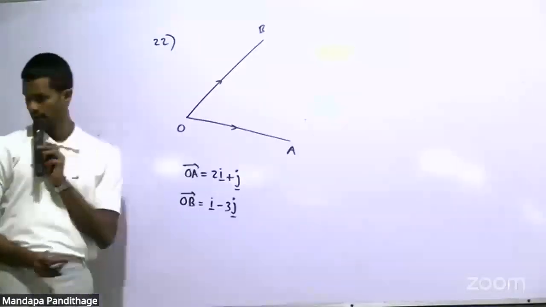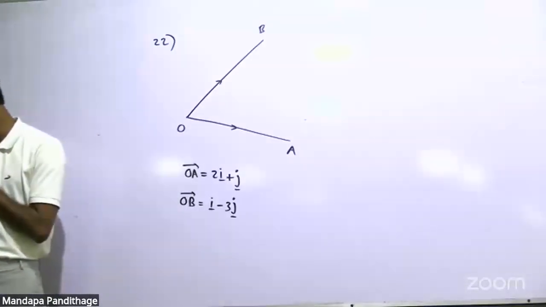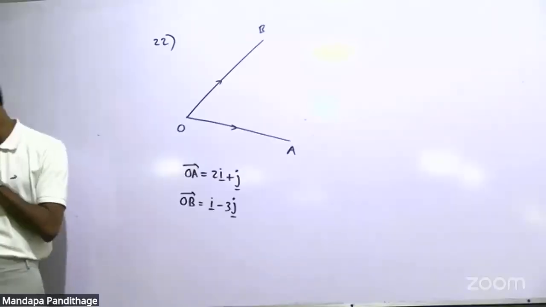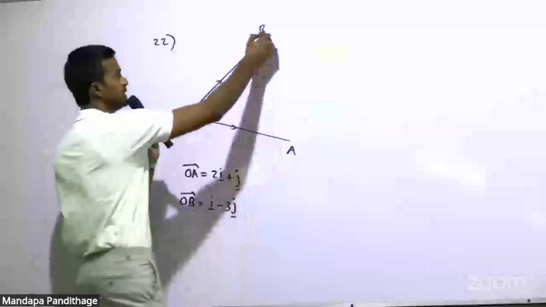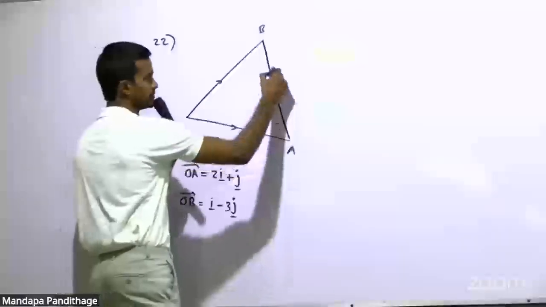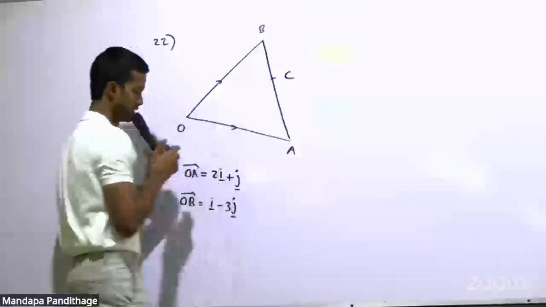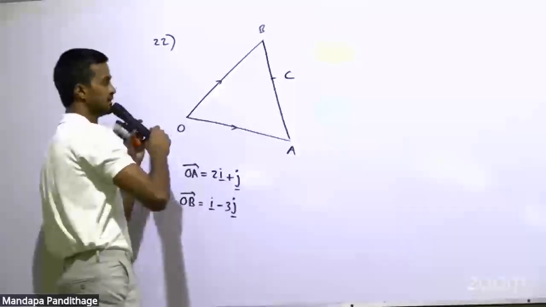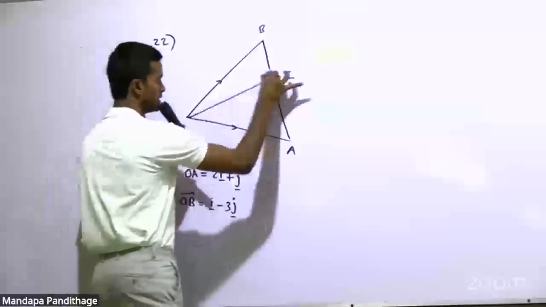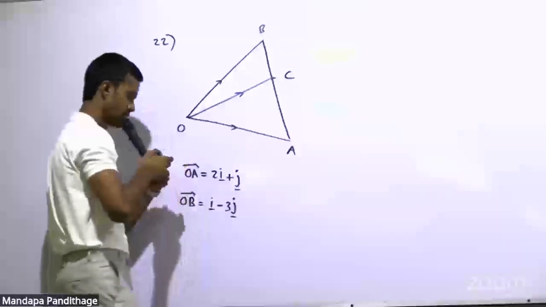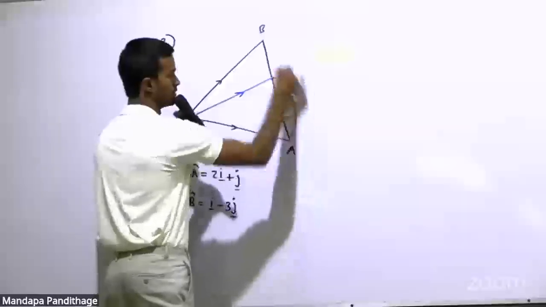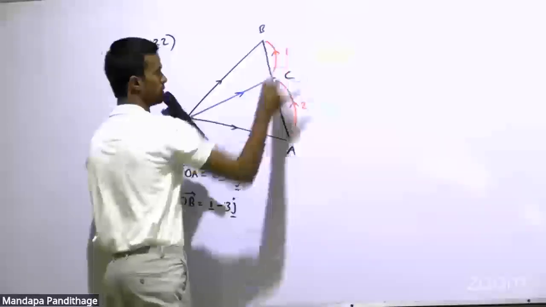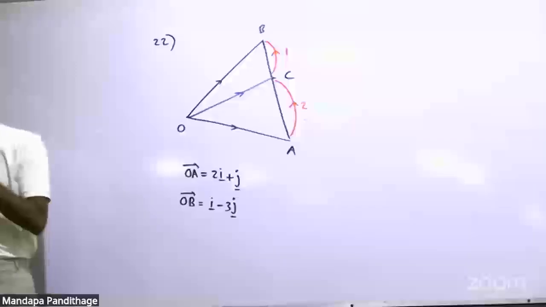So these are the two vectors. And then point C lies on AB such that AC to CB is equal to 2 is to 1. So we have C here and we are supposed to find the position vector of C, which is OC. The ratio is given as 2 is to 1, AC to CB.